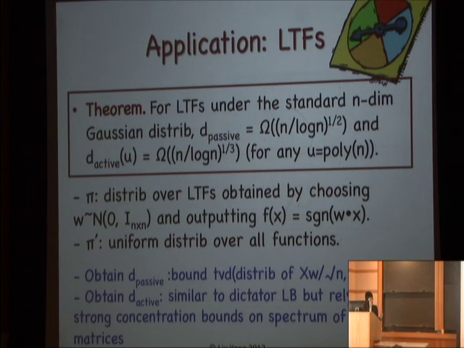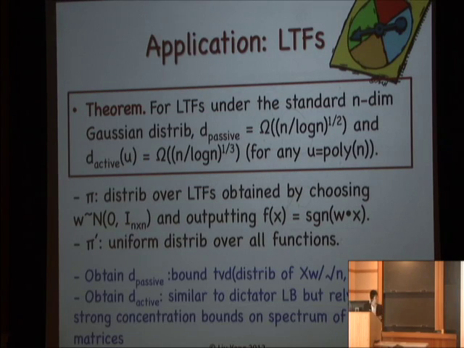We set pi prime to be the uniform distribution over all functions. The major step of the lower bound for D passive basically bounds the total variation distance between the distribution of x times W divided by square root n and the standard multivariate normal distribution in Q dimensions.